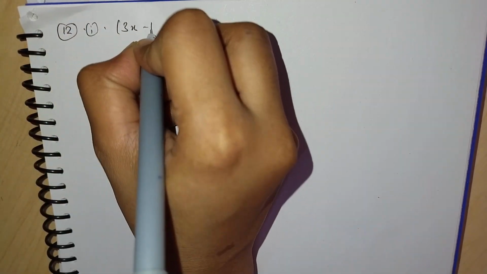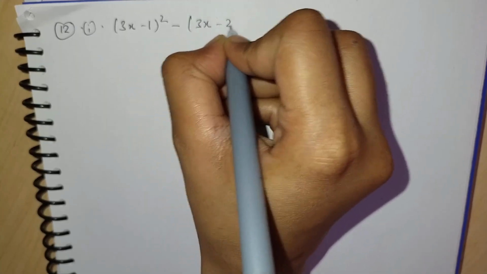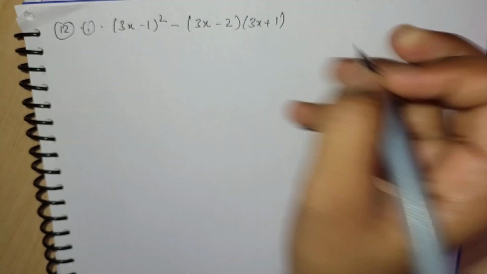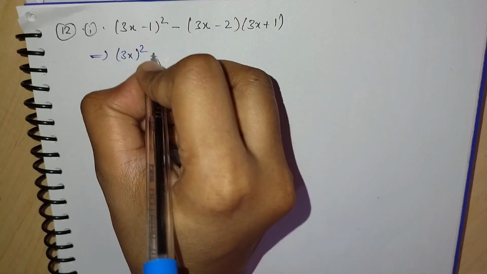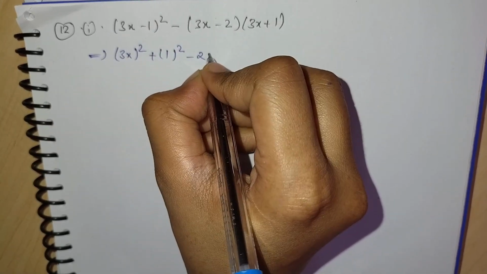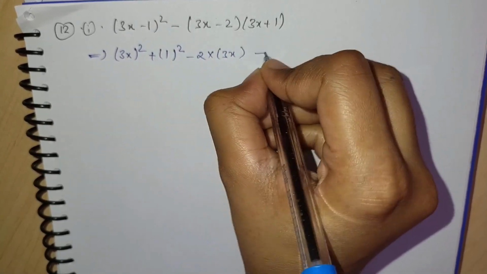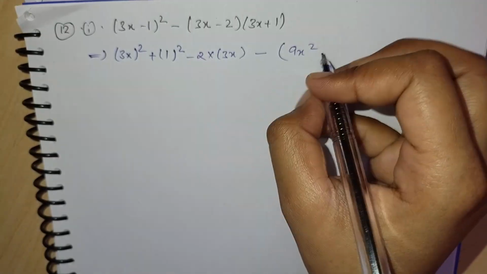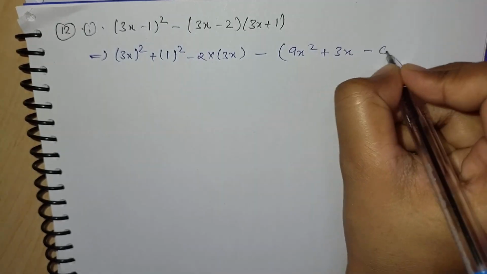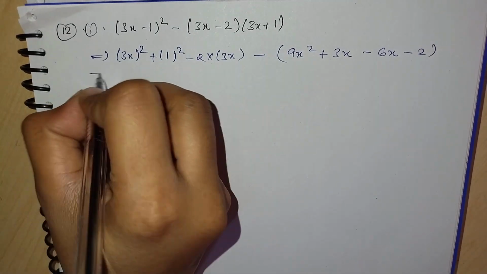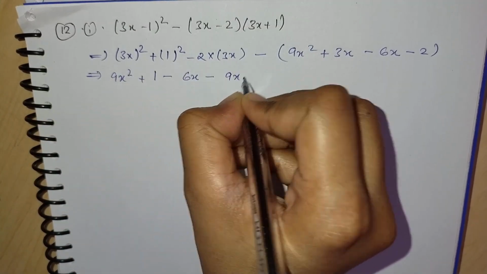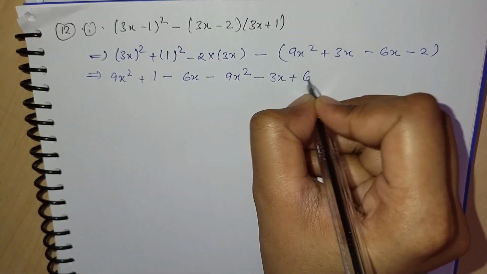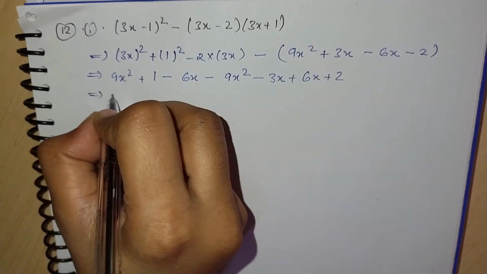On solving the 12th question, first part: (3x − 1)² minus (3x − 2)(3x + 1). So it is equal to (3x)² + 1² − 2 into 3x into 1, minus (9x² + 3x − 6x − 2), which is 9x² + 1 − 6x − 9x² − 3x + 6x + 2.